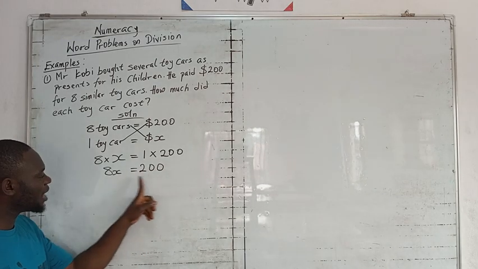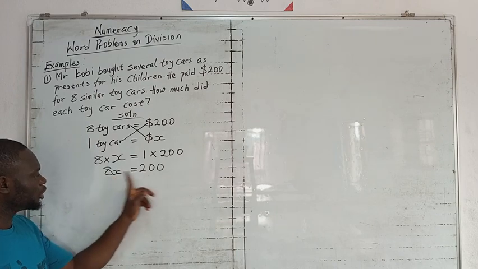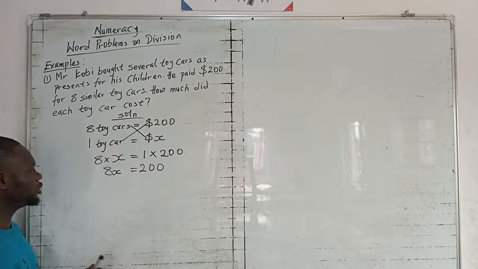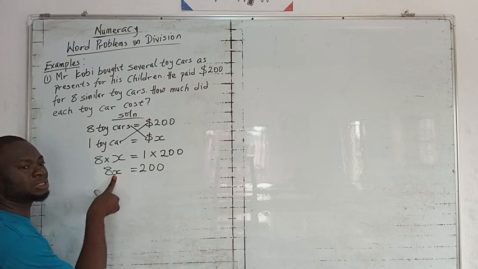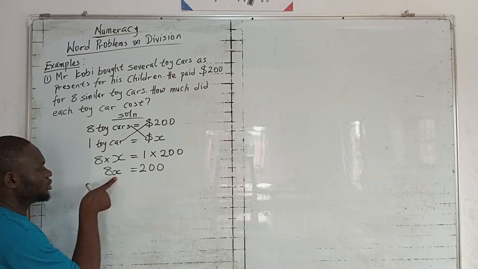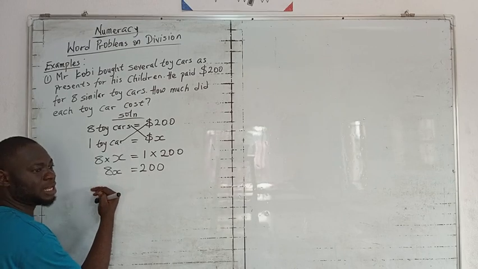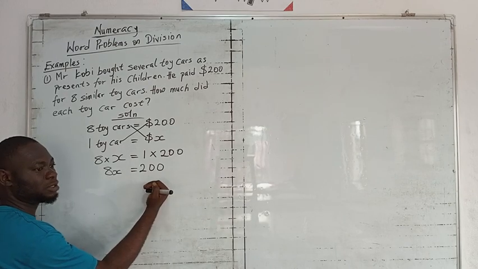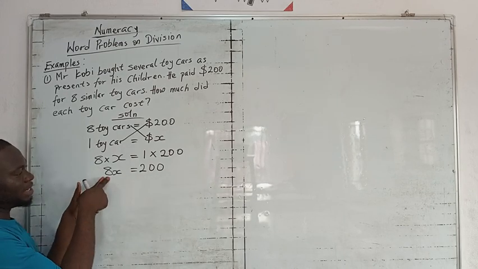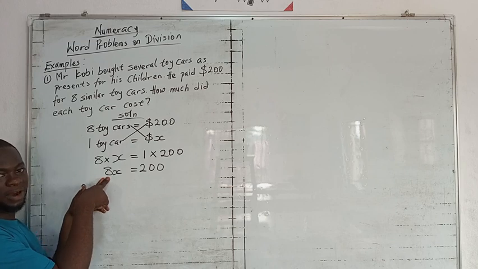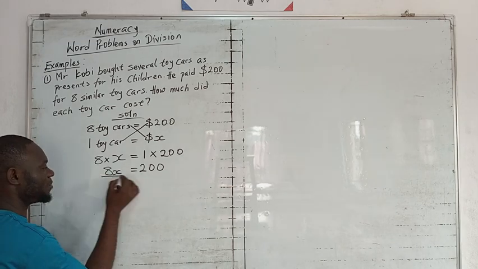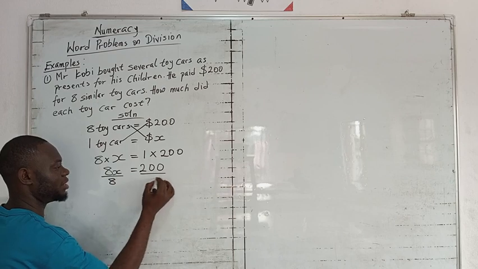Now, whenever we have an equation of this form, we want to make X stand on its own. So to make X stand on its own, we divide the left-hand side of the equation and the right-hand side of the equation by the number multiplying the variable X. So, we divide here by 8 and we divide here by 8.